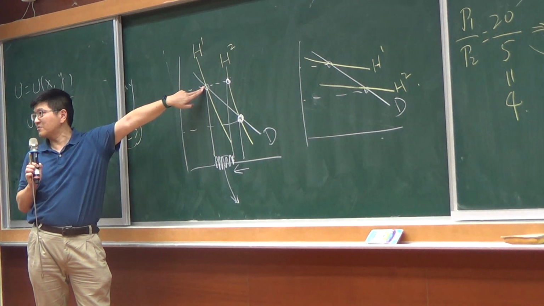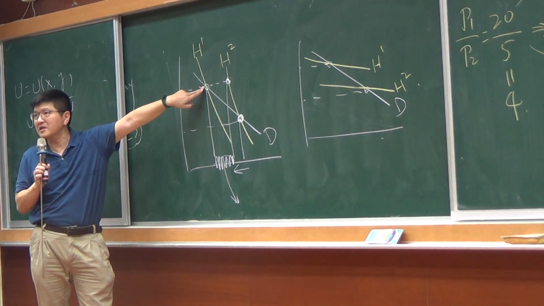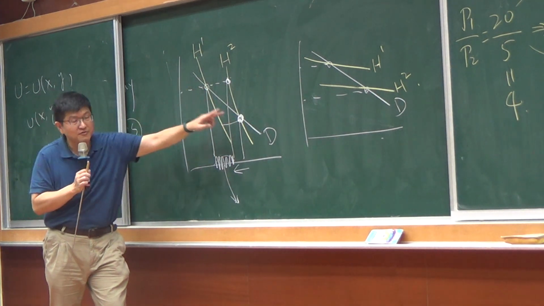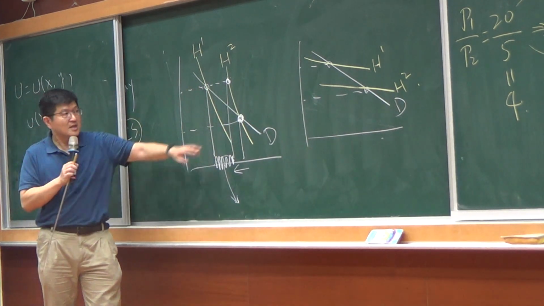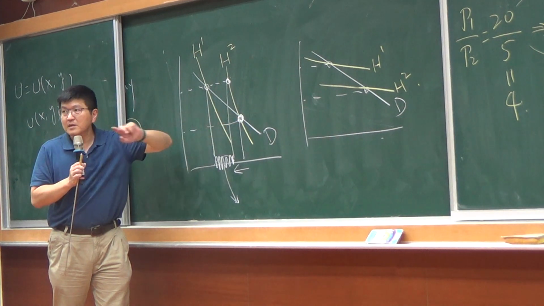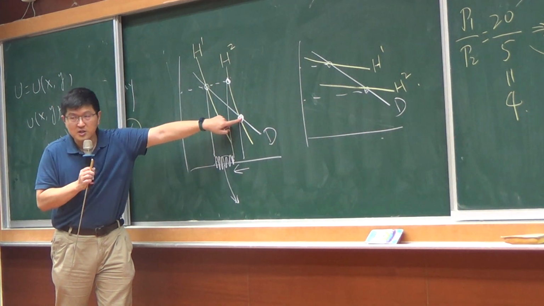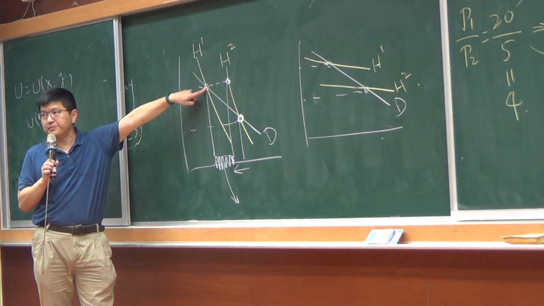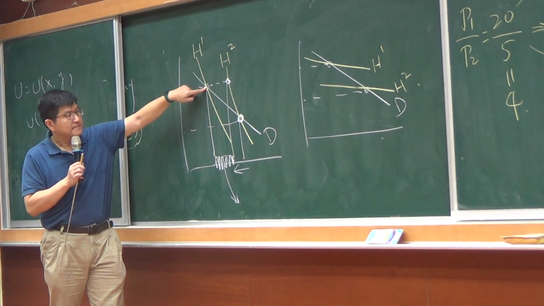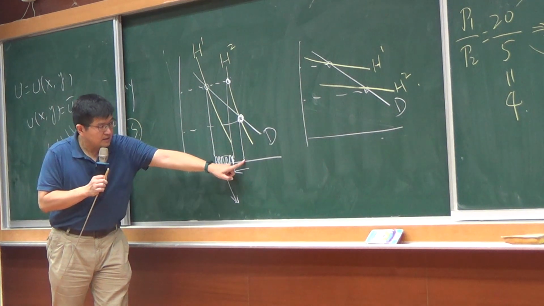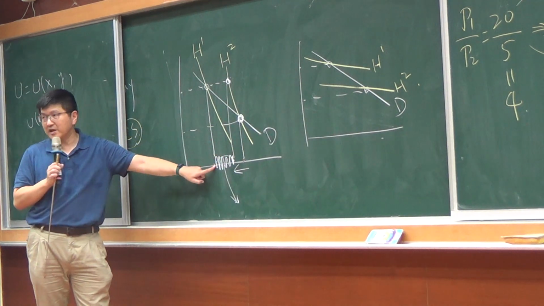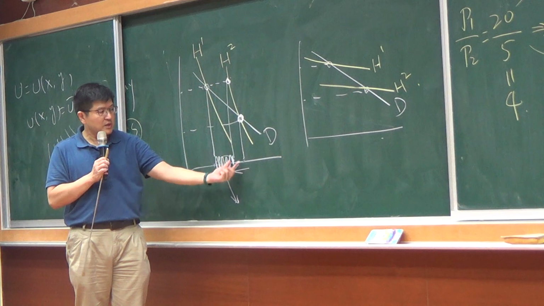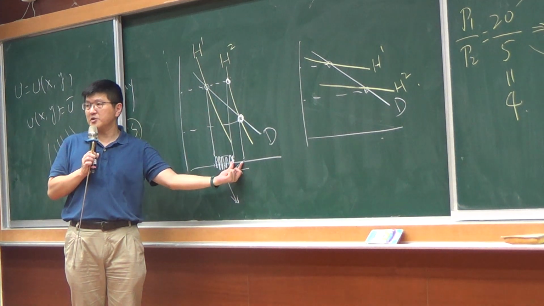Without any compensation, so we call it the uncompensated Marshallian demand curve. There's no compensation, so the indifference curve for this one and the indifference curve for that one may differ. Okay? And this would be the price effect. And now we know this part is actually the pure substitution effect.